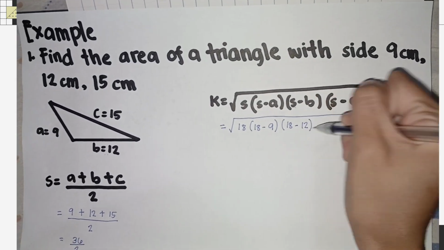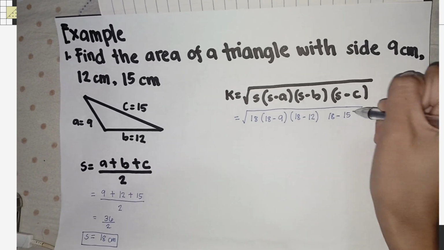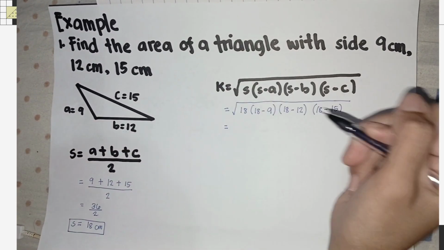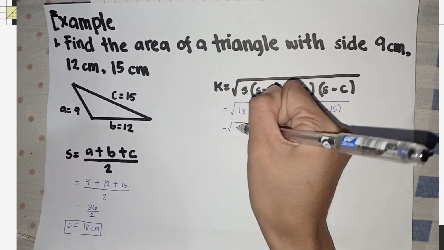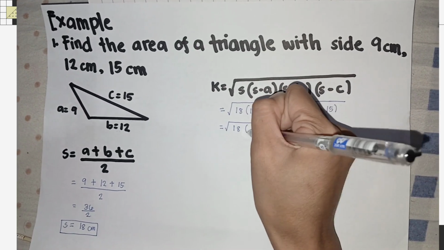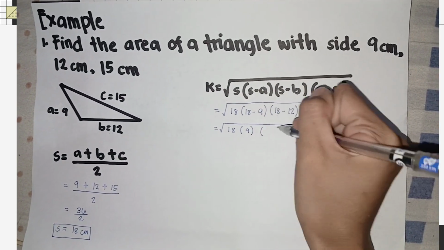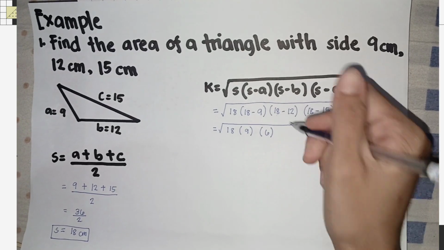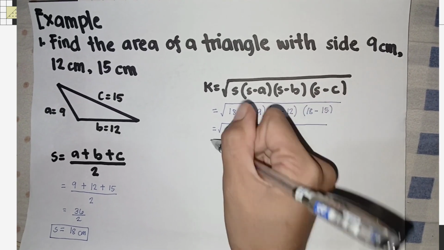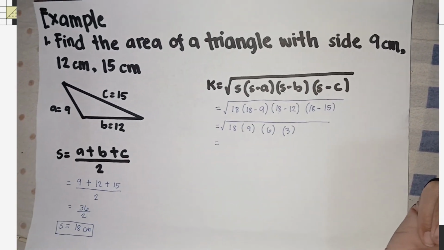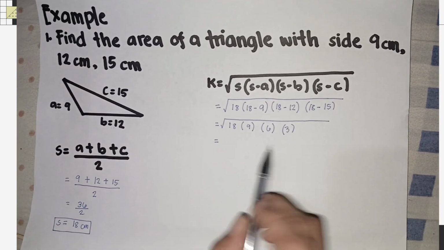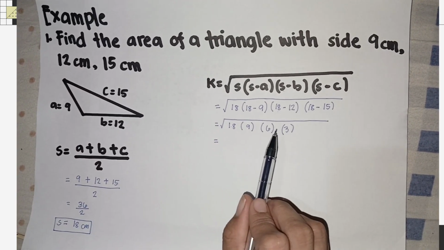Area is equal to root s times s minus a times s minus b times s minus c. And we just put in the values. Then we get under the root sign 18 times 18 minus 9 times 18 minus 12 times 18 minus 15.